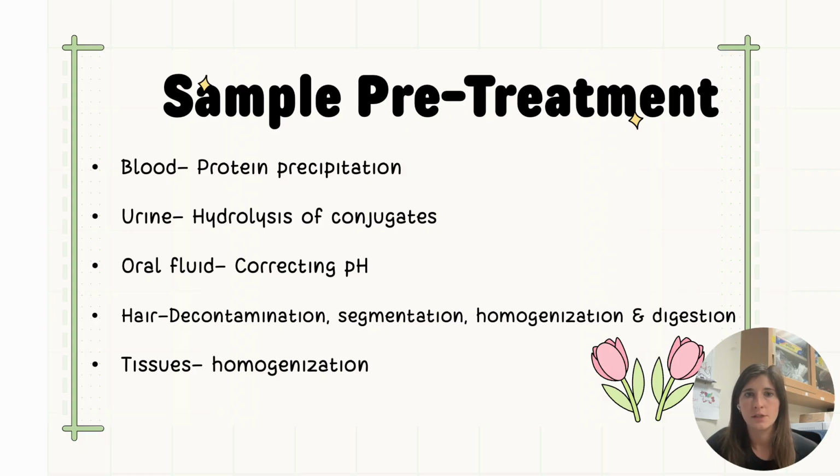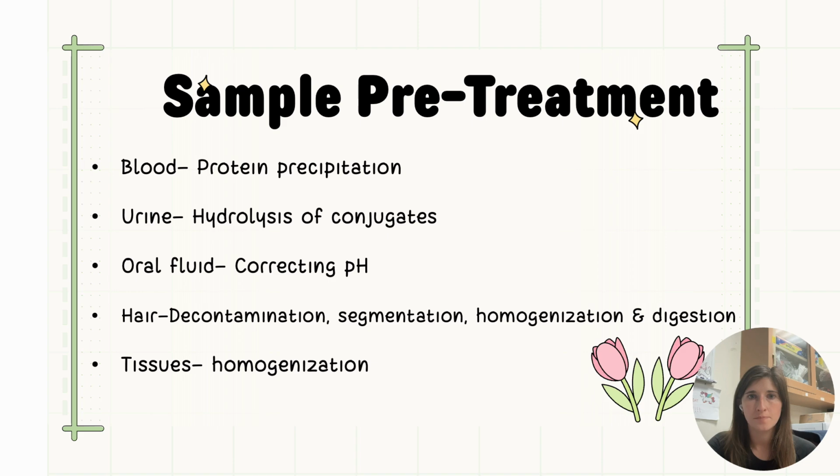Next, tissue. So tissue samples are also going to be cut into really, really small pieces, so that it can be properly analyzed. So first, you're going to cut them into small pieces and weigh them so that you're able to make sure that you're consistently using the same amount of whatever matrix, whatever tissue it may be.